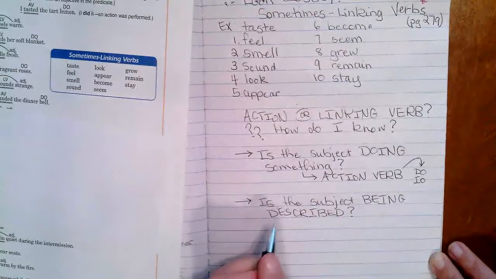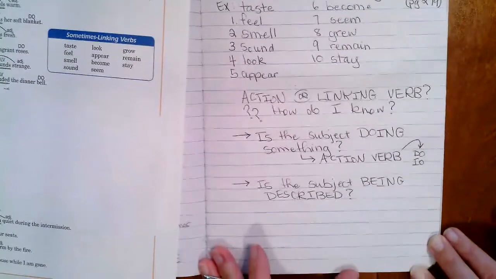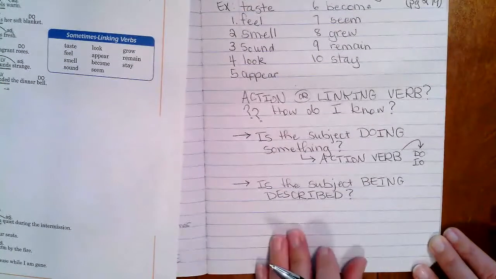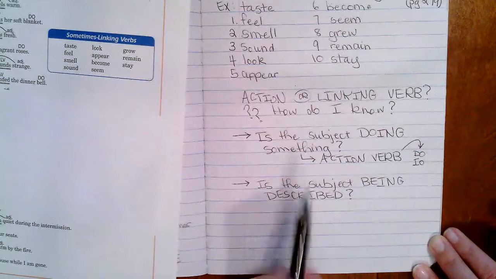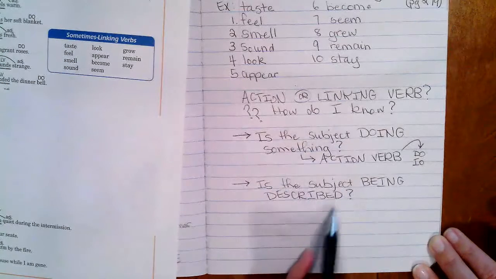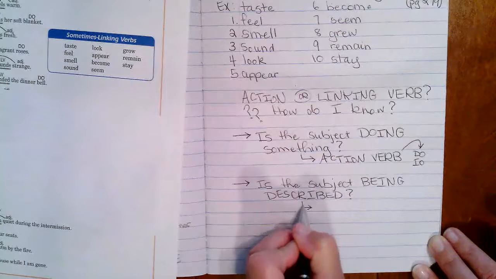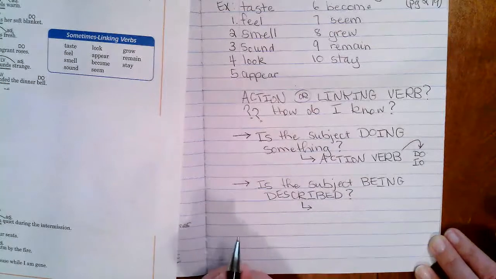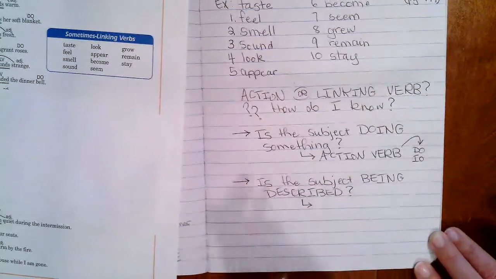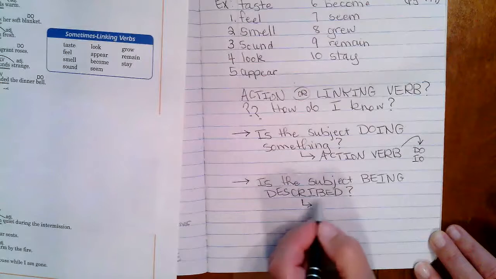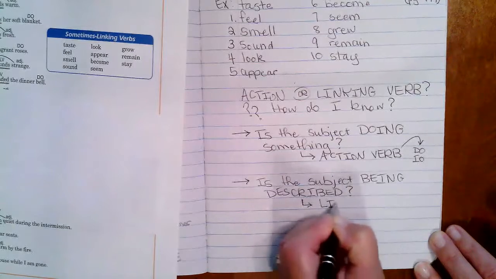Notice it's really important for both of these that you need to be aware of what your subject is, because you're having to ask yourself if the subject is doing something or if the subject is being described. If the subject is being described or renamed, like we talked about in our examples, then you know that you have a linking verb.